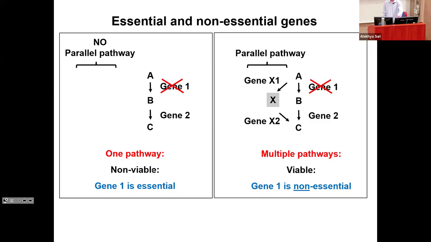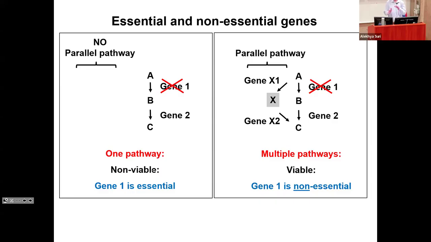In comparison, when you knock out gene 1 here on the right side and you see those cells are living, viable, that means there has to be at least one parallel pathway. So you see A goes to X and then to C, for example.